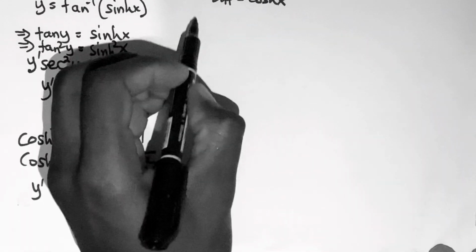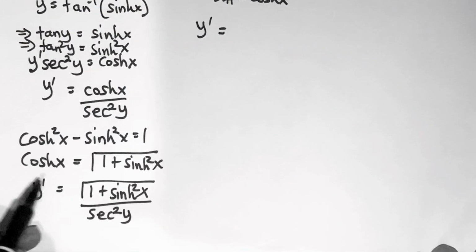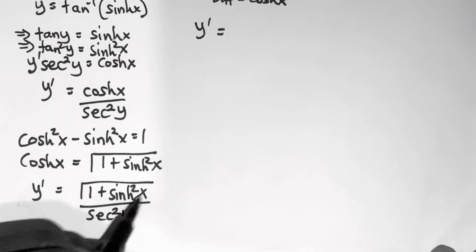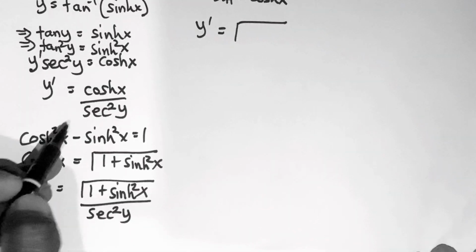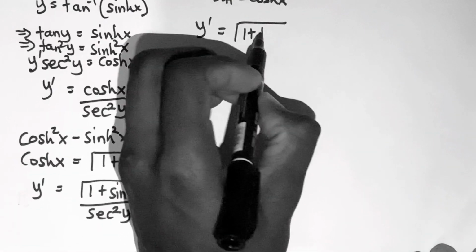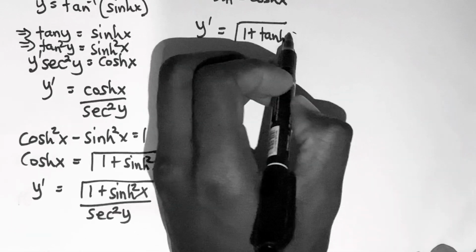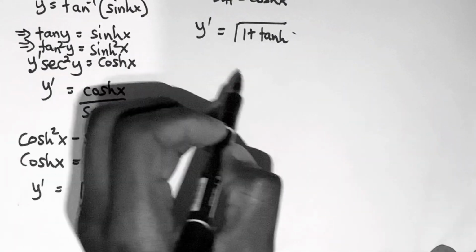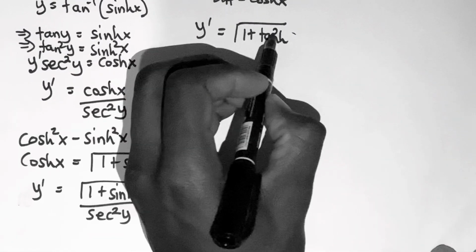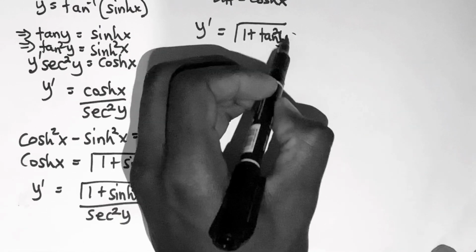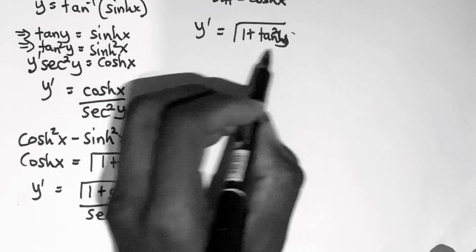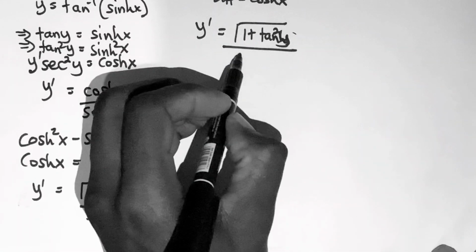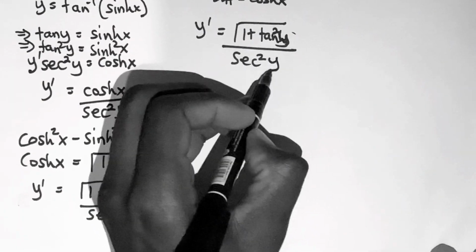So y prime then becomes the square root of 1 plus tan squared y, not hyperbolic, so tan squared y, divided by sec squared y.